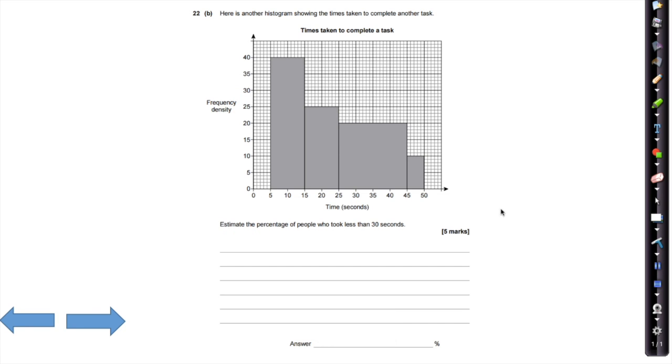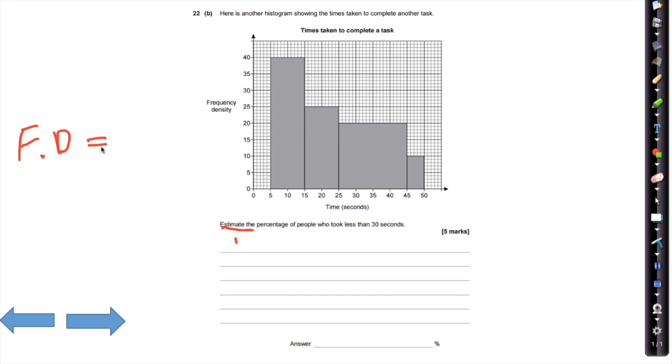So question 22, we're looking at a histogram, and we've got the time taken to complete another task, frequency density over here, time down here, and we've got to estimate the percentage of people who took less than 30 seconds. So it's worth remembering what our frequency density formula is.